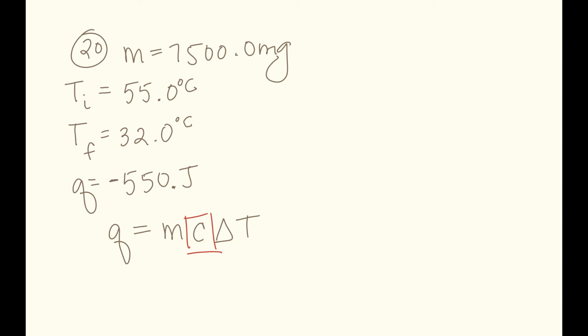And Q is in joules, and that's typical. We like for Q to be in joules, so I'm going to plug that in up here. I'm going to have negative 550.0 joules is equal to my mass.